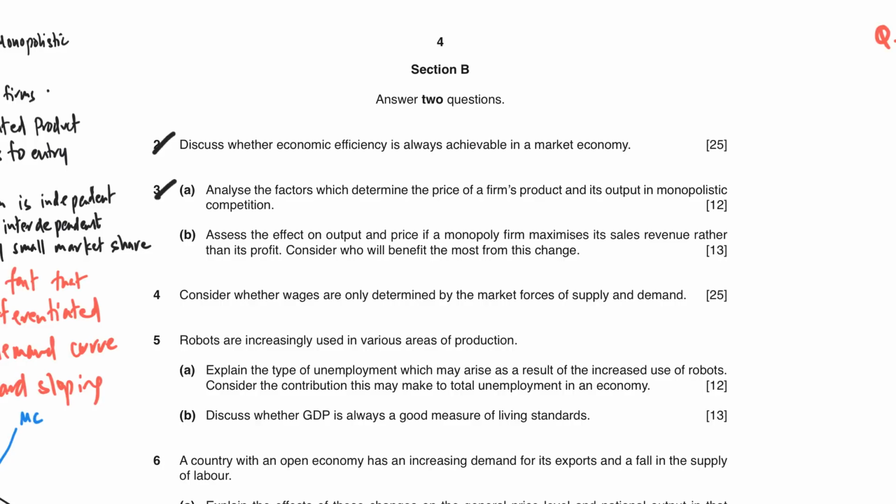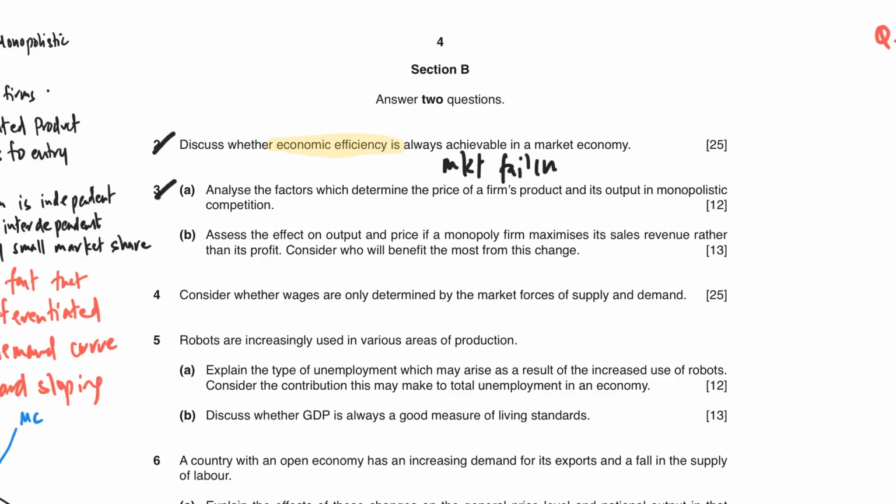So this is a question where we talk about economic efficiency, and then there is the idea of what we call market failure.